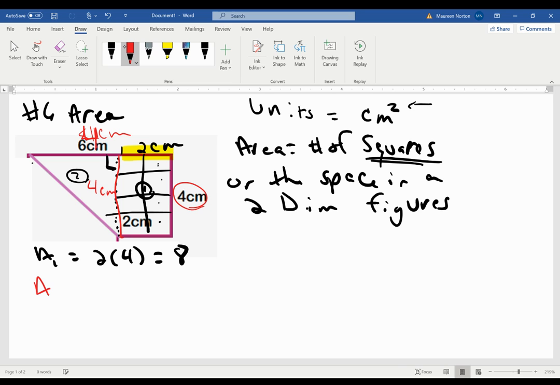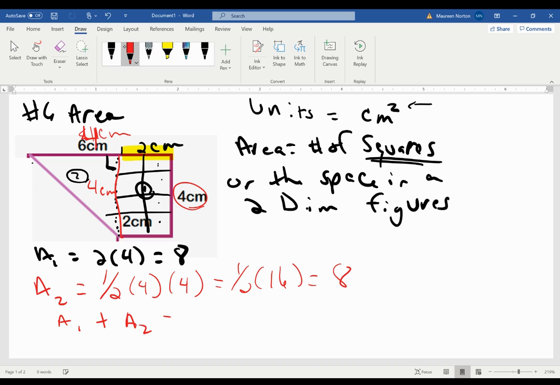So the area of the second one is a triangle. So it's 1/2 the base, which is 4 times 4, which is 1/2 of 16, which is 8. So our total is A1 plus A2, which is 8 plus 8, which is 16 centimeters squared.